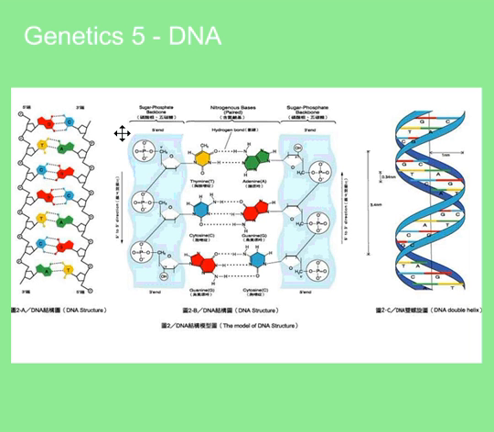Each of the building blocks is called a nucleotide and contains a phosphate group, a 5-carbon sugar called deoxyribose, and a nitrogenous base, either adenine, thymine, guanine, or cytosine. A's always go with T's, and G's always go with C's.